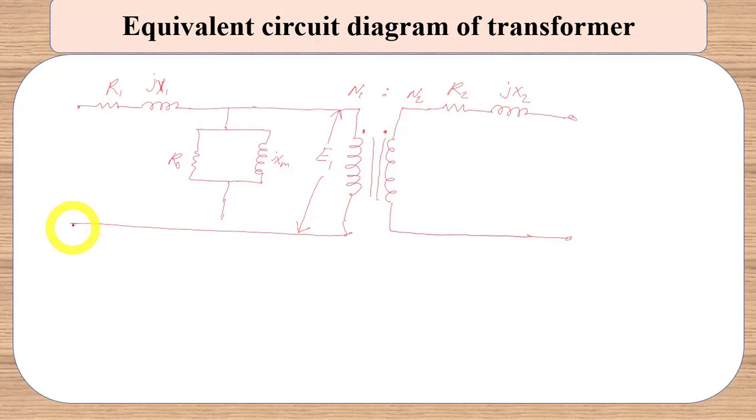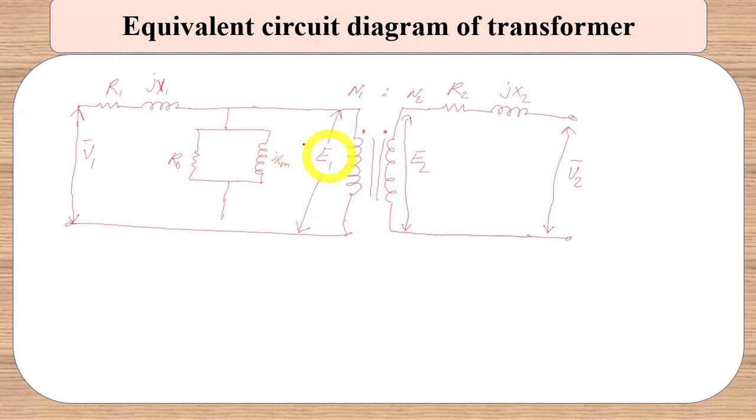Whatever voltage is applied at the primary winding terminal is known as the primary terminal voltage V1, and whatever voltage is available at the terminal of the secondary winding, which is V2, is known as the secondary winding voltage. This is the induced EMF across the secondary winding.